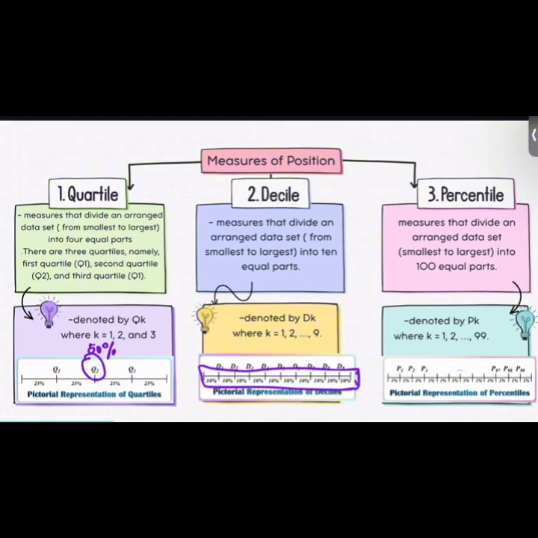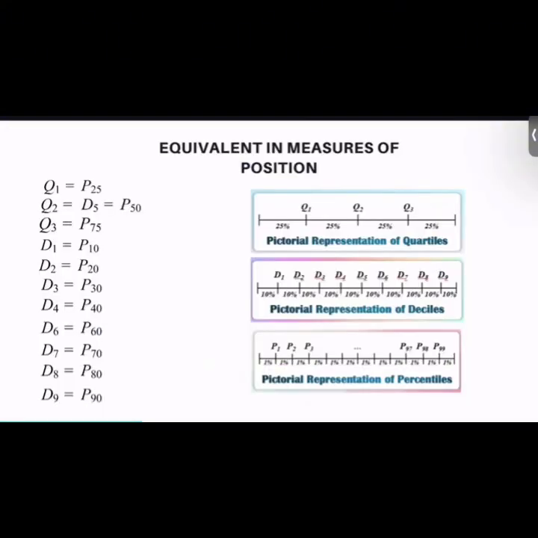Now, let's proceed with the equivalents among the measures of position. Even though quartile, decile, and percentile are different measures of position, they have equivalents. When we say quartile 1, this is 25%. Since this is 25%, its equivalent is percentile 25, because percentile 25 is equal to 25%.